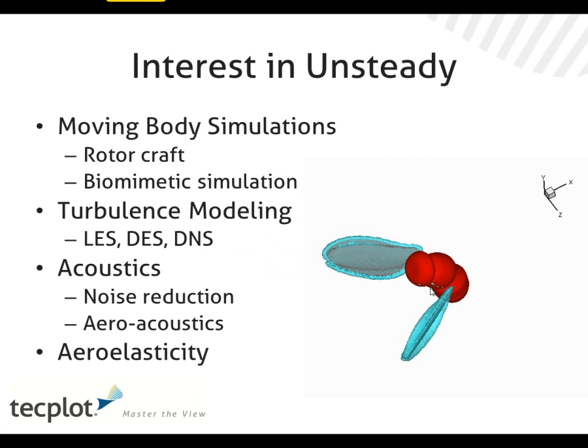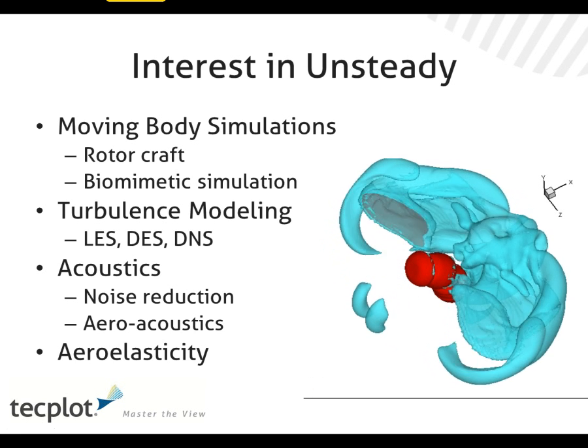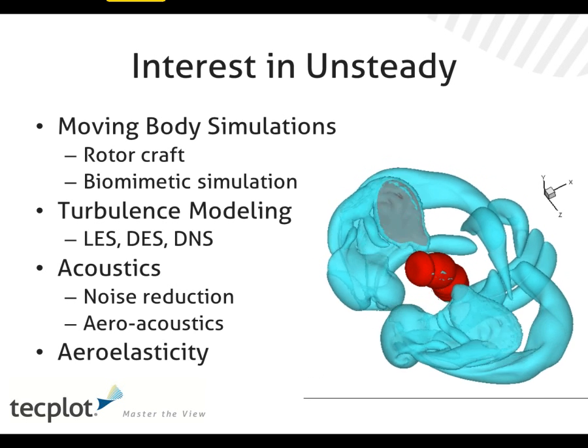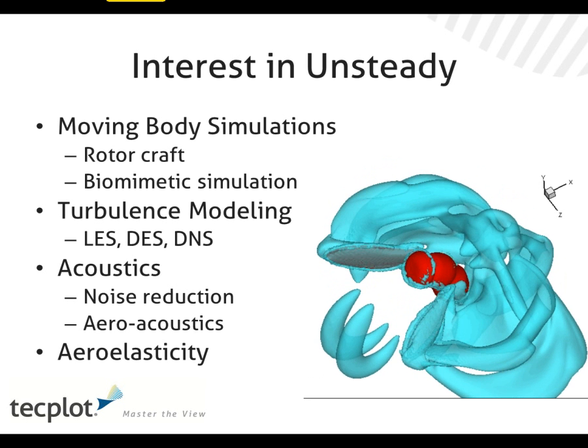Okay, so let's continue on, and we're going to just talk about why there's so much interest in this unsteady analysis. We talk about moving body simulations, rotorcraft, and biomimetic simulation like this fruit fly that we're showing here on the slide. Of course, acoustics, and that's becoming more and more of an issue, especially in the aerospace industry.